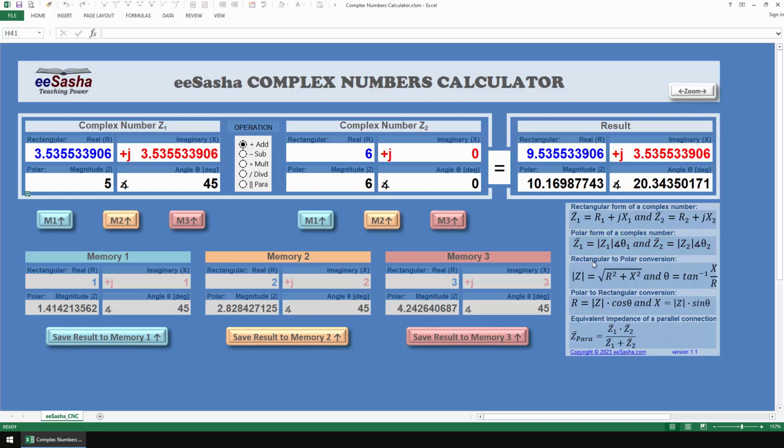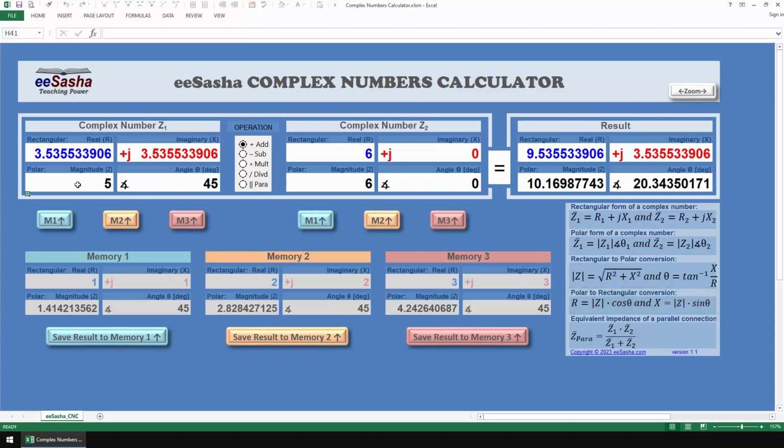If you use the calculator to perform conversions, the calculator will use these equations. When you convert rectangular to polar form, the calculator will calculate the complex number's magnitude and angle. If you convert from polar to rectangular form, the calculator will calculate its real and imaginary components.